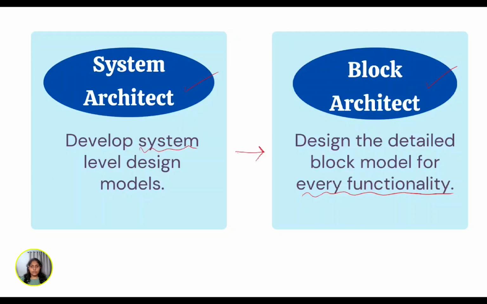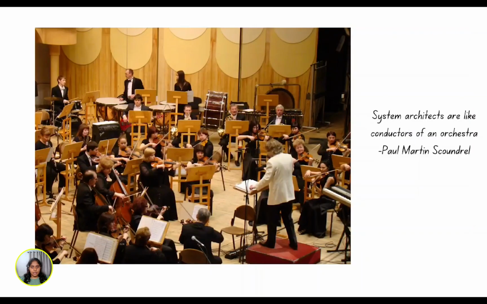They work closely with individual block architects to integrate and analyze the entire system to meet the functional requirements along with power, performance, and area requirements. So, the role of system architects is like the conductor of an orchestra.